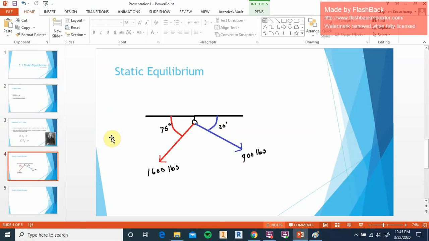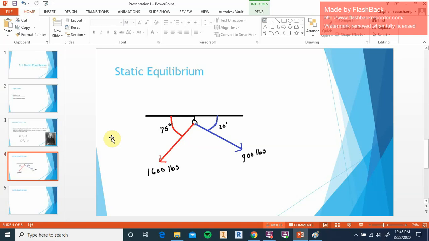Let's take a look at an example, and I think it'll help you get your head around what we're looking at here. We have a system with an eye bolt mounted into the ceiling. We have two cables mounted to that eye bolt, and you can see that one's at 75 degrees down and to the left, and the other one, the blue one, is 20 degrees down and to the right.